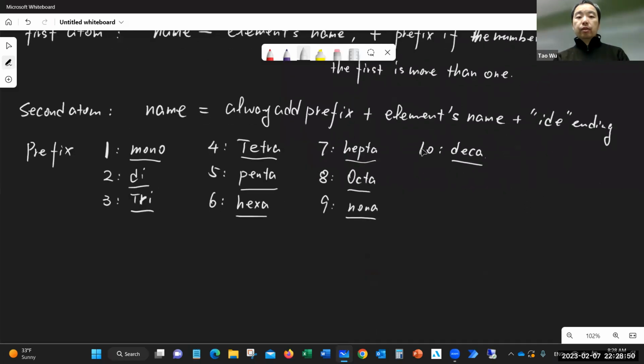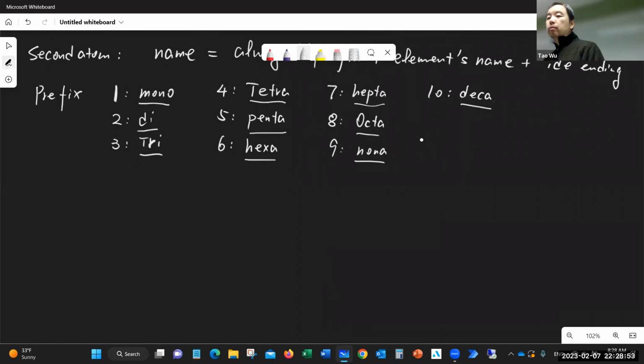Let's give some examples. CO is called carbon. For the first element, if it's more than 1, we add a prefix, but this one is just 1, so it is just the name carbon. For the second element, we always add a prefix, even if there is only 1.